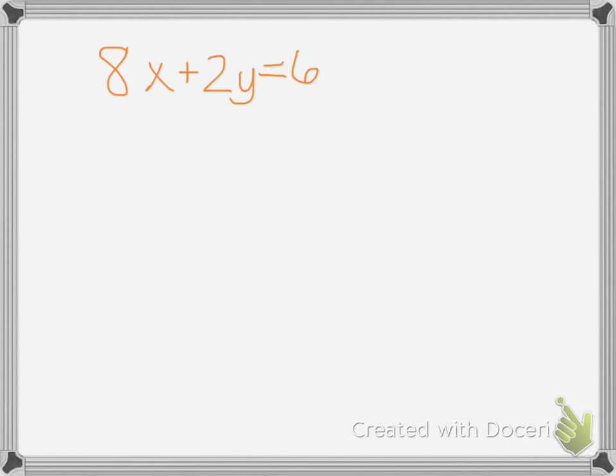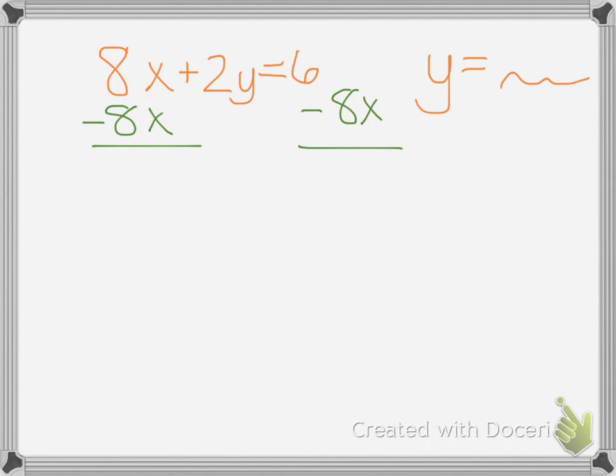And what I want to do is transform it so that y equals some number. There are different ways you could do this. I'm going to start by subtracting 8x from both sides.